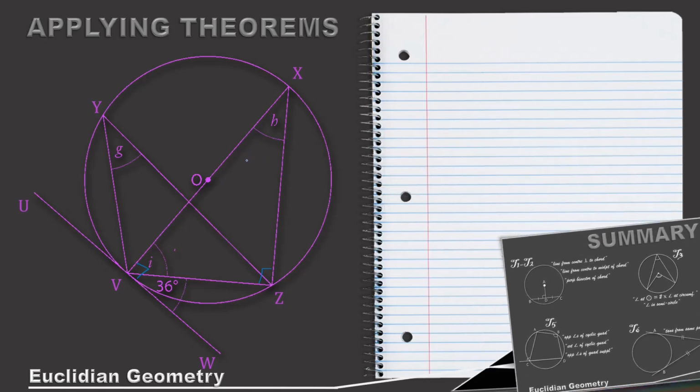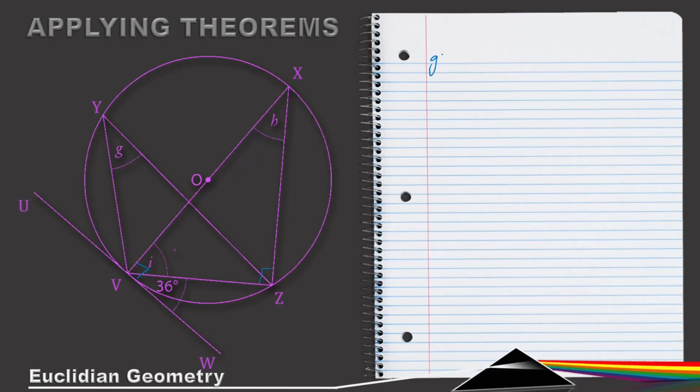Right, so let's start and say that G is equal to 36 degrees, and this is the tan chord theorem. And then we can say that H is also equal to 36 degrees. So I'm going to use the reason angles in the same segment. Okay.